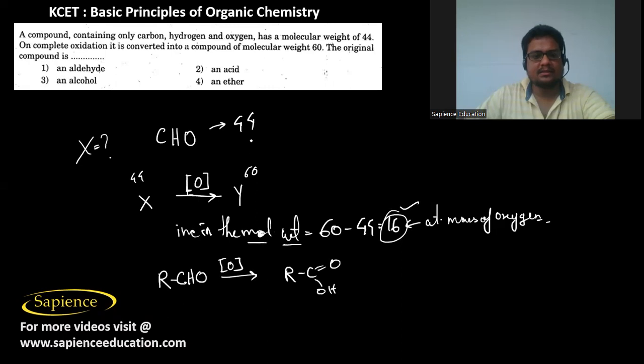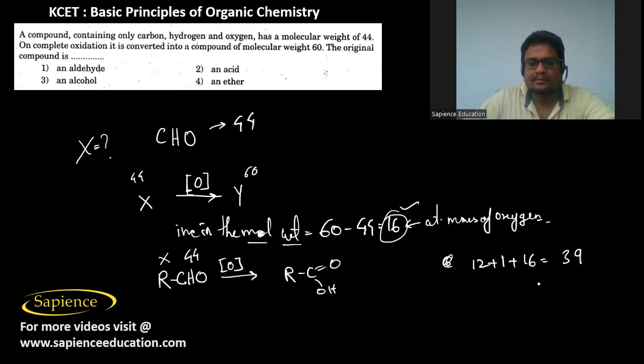This molecule X has molecular weight 44. So for CHO, carbon is 12, hydrogen is 1, plus 16, that is 29.